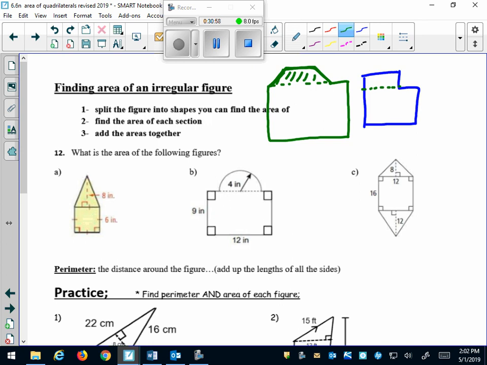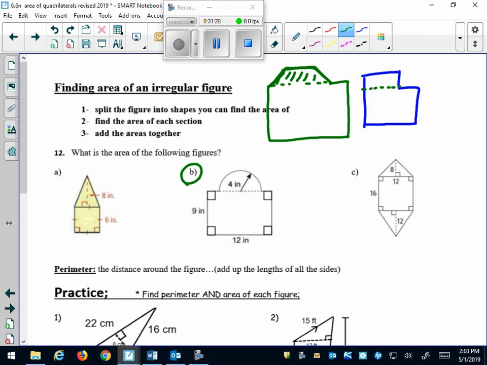And then once you get the area of the separate pieces, add them together, right? So now this one's not a polygon. Why is it not a polygon? A circle. Right. Anything with a curve isn't really considered a polygon, but we still could find an area of this irregular figure because we know how to find the area of a circle, right? So we would just take the area of the separate pieces.